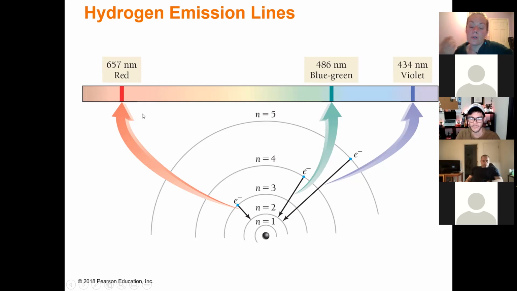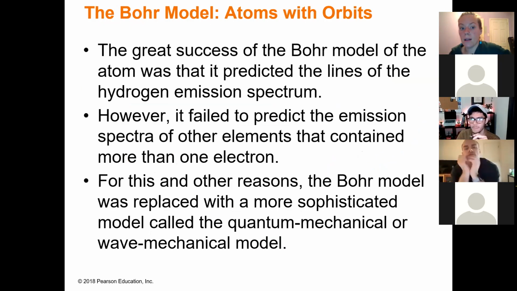So Bohr was able to look at this spectrum, this observation, and work backwards and come up with this model of how electrons are organized. Awesome, right? That's so great. It's too simple of a model. It doesn't explain the spectrum past hydrogen. Okay, so it works for hydrogen, and then helium, lithium, beryllium, any other atom on the periodic chart, it doesn't work for.